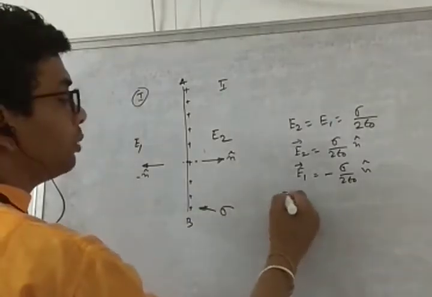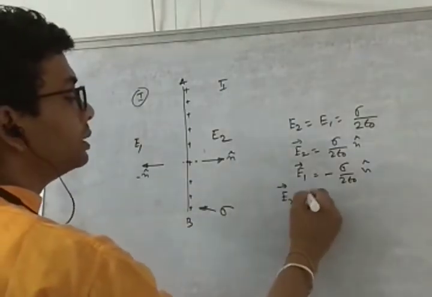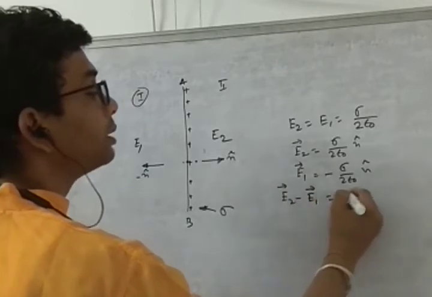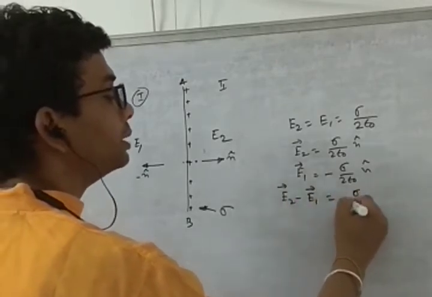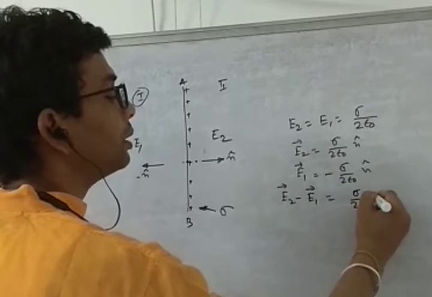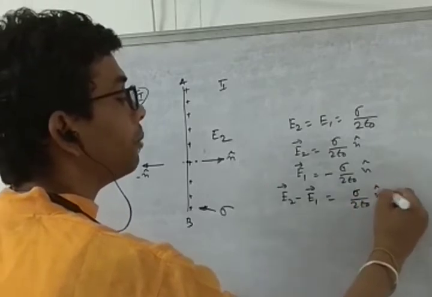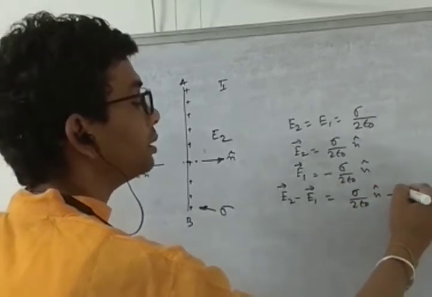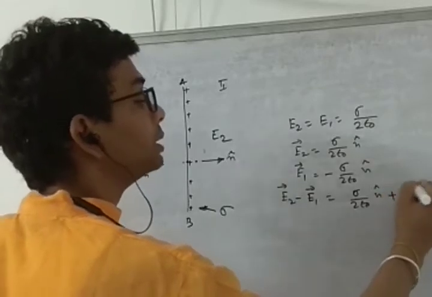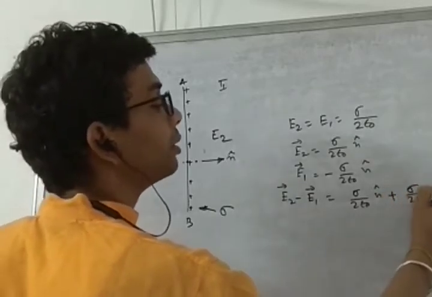Then E2 minus E1 is nothing but sigma by 2 epsilon naught n hat minus E1, so again minus, so sigma by 2 epsilon naught n hat.